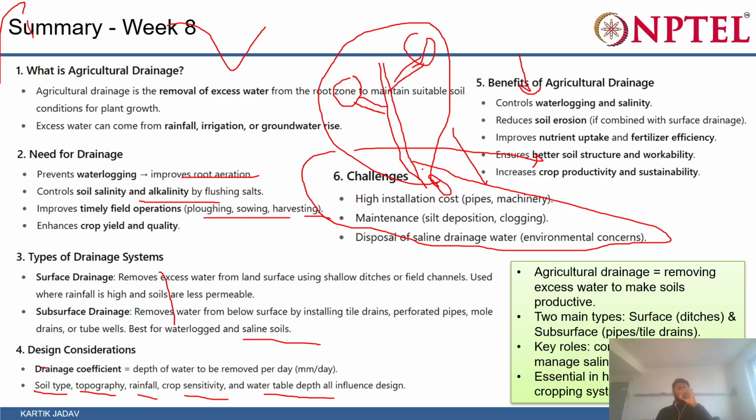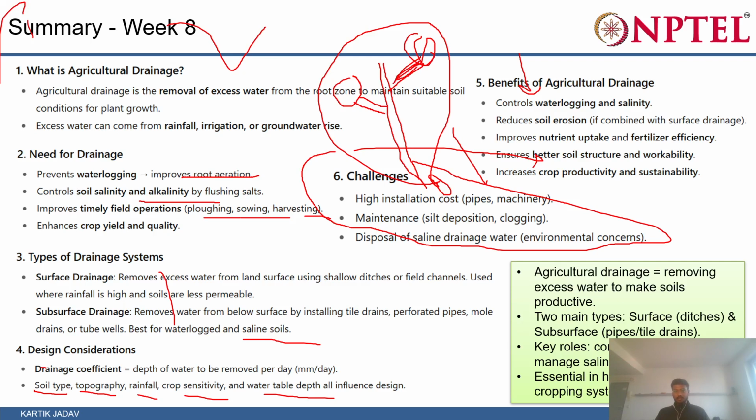Then we need to do certain maintenance practices like silt deposition and clogging of drainage pipe and disposal of saline drainage water. So yeah, if we are removing water from here and we take certain sediments, so there is silting of this channel.